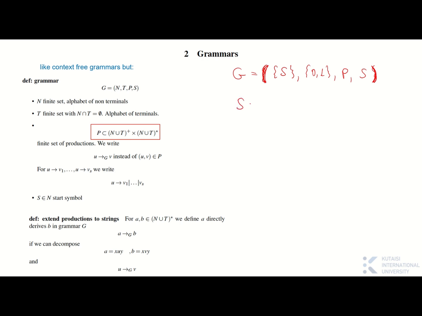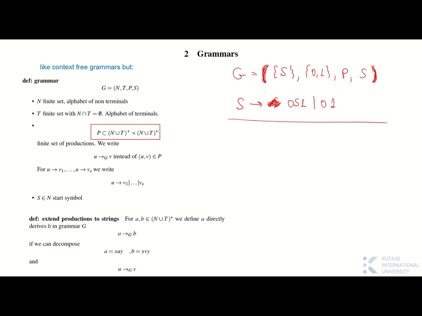Let's say S derives 0 S 1 and it derives 0 1. So it's actually two productions: you can derive 0 S 1 and you can derive 0 1. So these are my production rules.